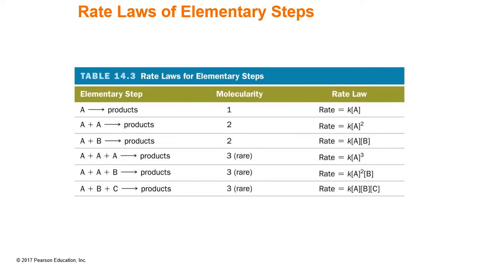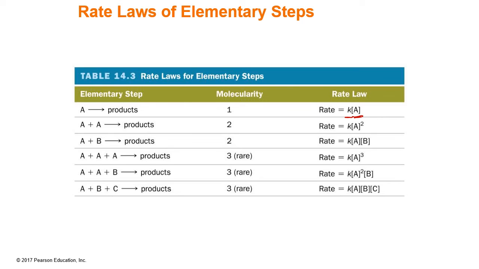So let's look at some options that we have and the rate law that is produced by these elementary steps. If it is unimolecular, one atom that falls apart to produce products, our rate is the rate constant times the concentration of that reactant, and it is first order. If we have a bimolecular step, where it's the same element reacting with itself, then our molecularity is 2, even though it's the same element.